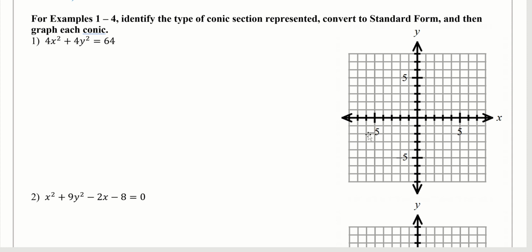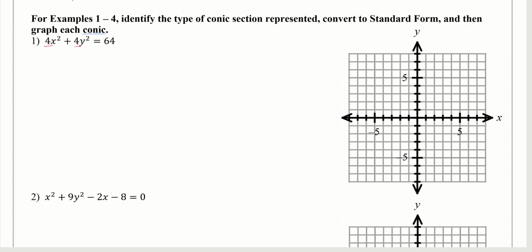It makes me think of a circle at first, because the square root of 64 would be 8, but if you notice, there's something out in front of the x values and the y values. If those were both 1, this would just be a circle.